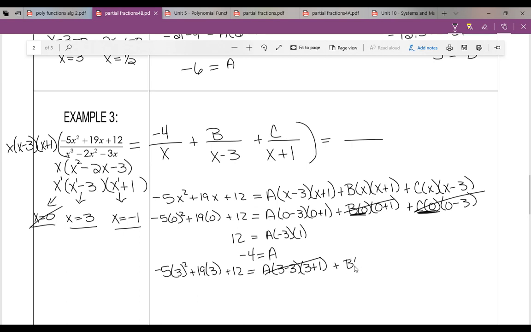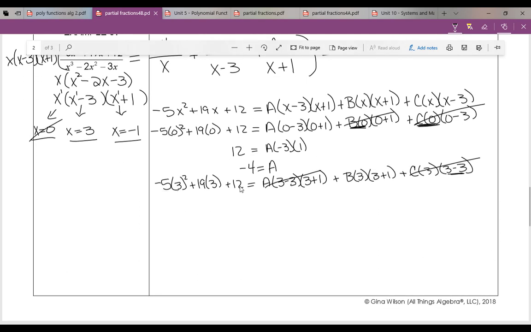Then I'm going to have B times 3 and 3 plus 1. That's not going to drop out because there's no 0 in there. Plus C times 3 minus 3, which drops out because this ends up being 0. So every time you do this, two of those things should drop out and leave you with just one.